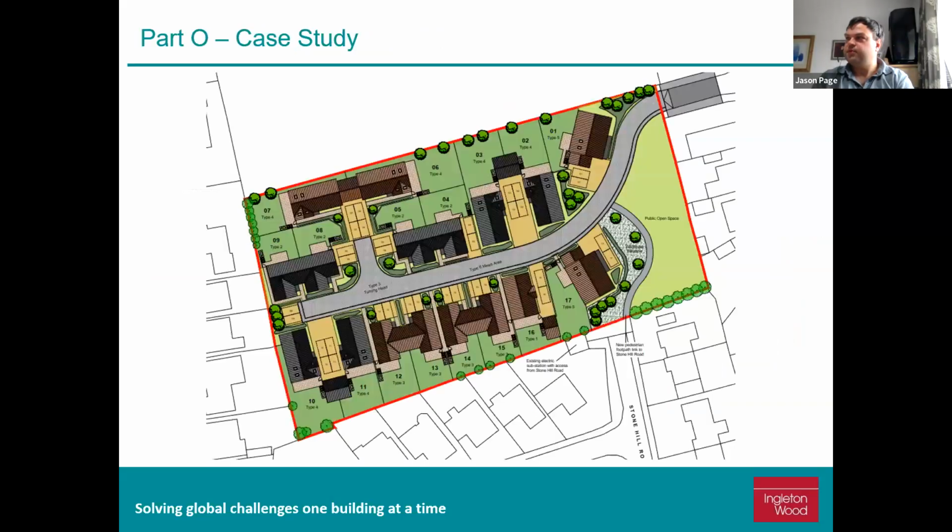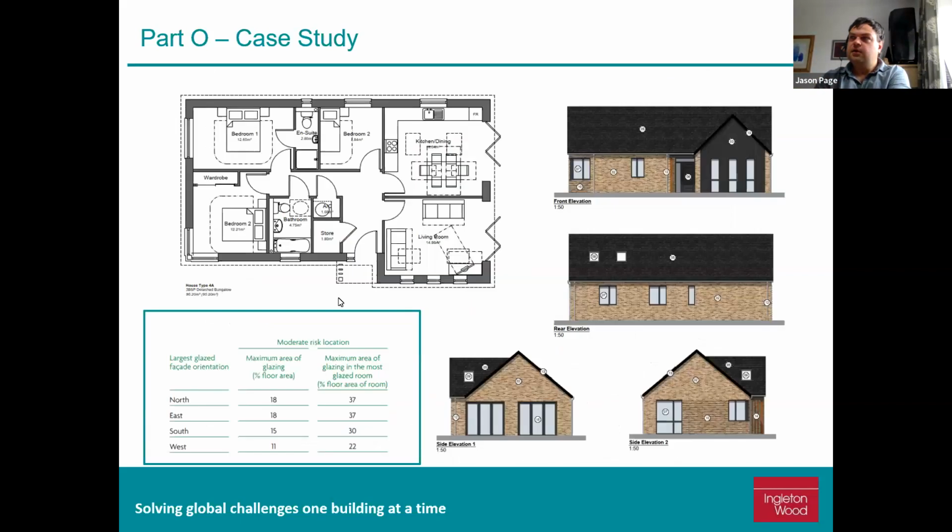I'm just going to bring up a very quick case study where hopefully I'll show you how that's working in real life. This was a site in Norfolk, so was a moderate risk. However, it consisted of a lot of bungalows that have a large amount of glazing.